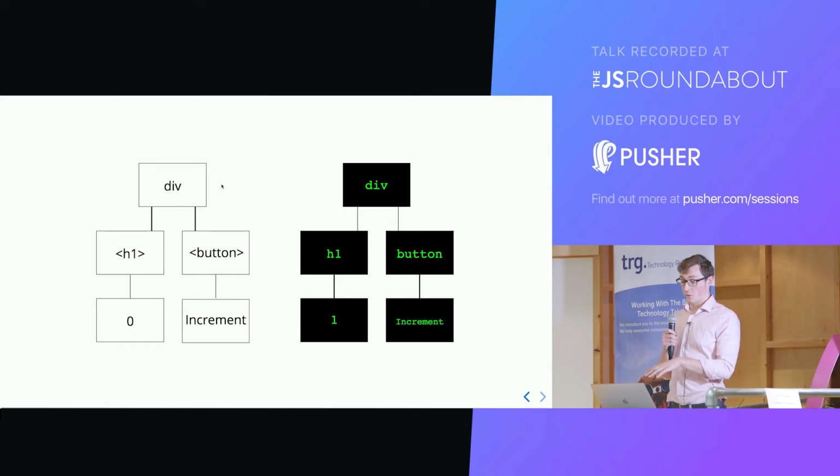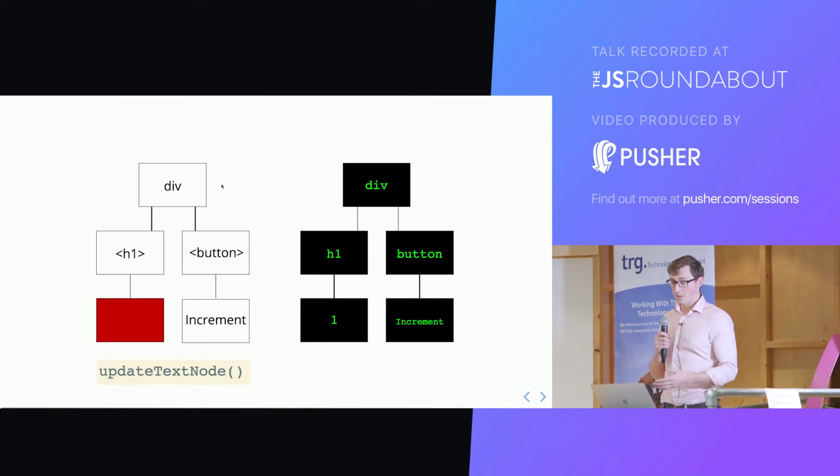And what Vue or React is going to do, in simple terms, is compare each of the nodes. It's going to loop through this tree structure and compare the nodes to each other. And when there's a difference between the nodes, so here we're comparing 1 to 0, the framework will pick up the difference and update the DOM to match the virtual DOM's node.